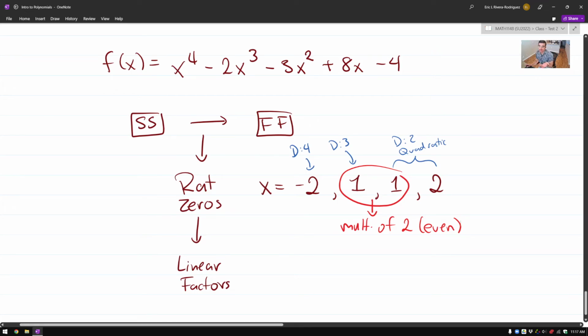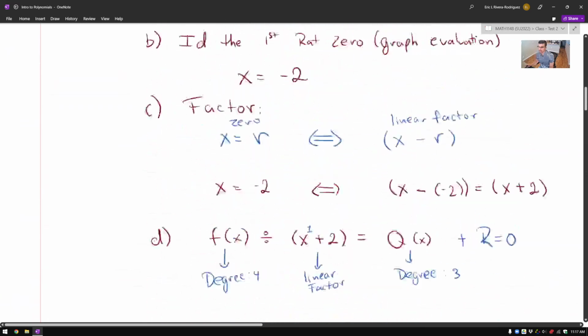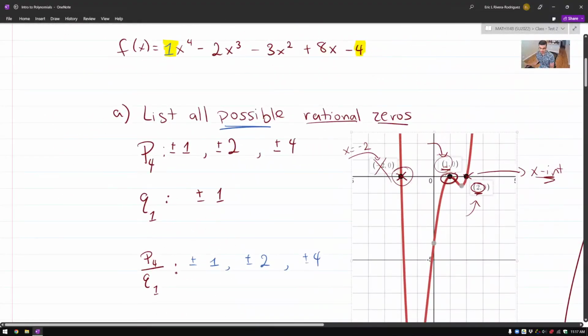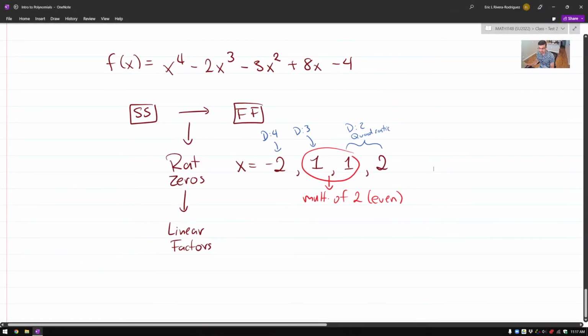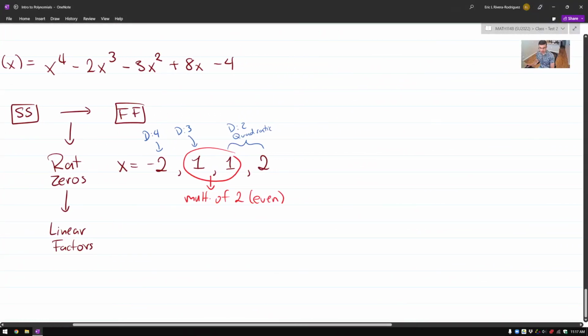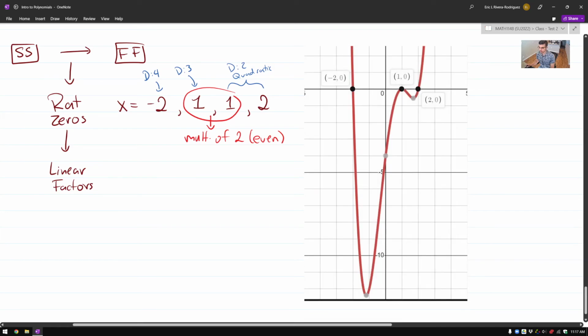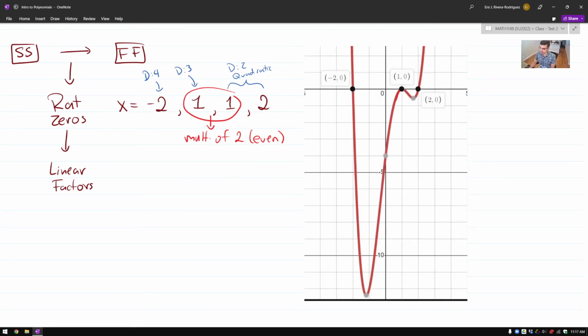So this has an important effect. Let me grab our graph. The multiplicity of 2 we can see here: the graph touches the x-axis and then goes back down.